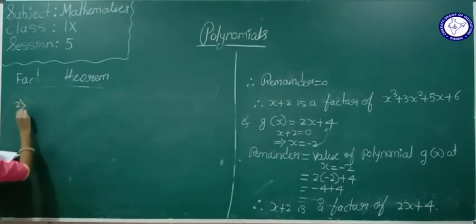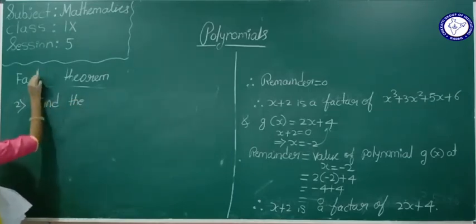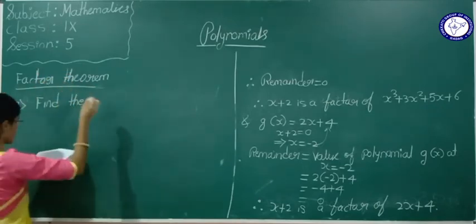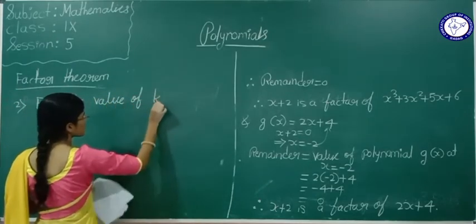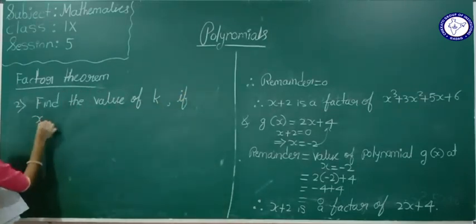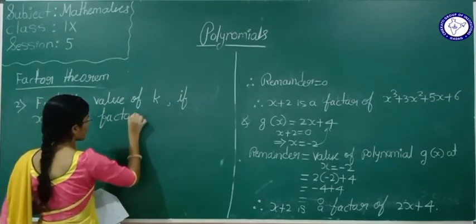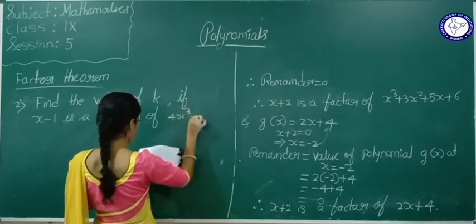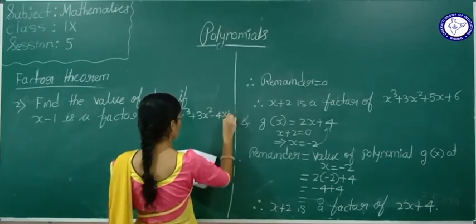So second one, find the value of k if x minus 1 is a factor of 4x cube plus 3x square minus 4x plus k.